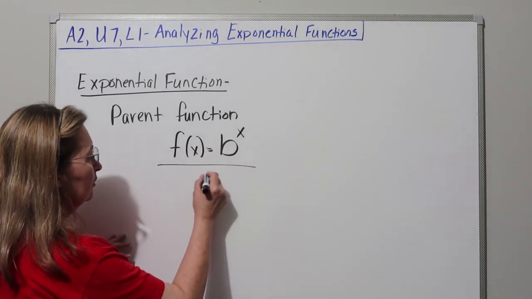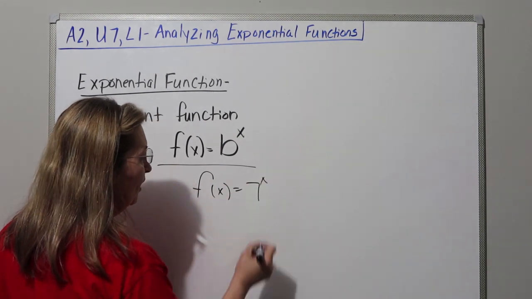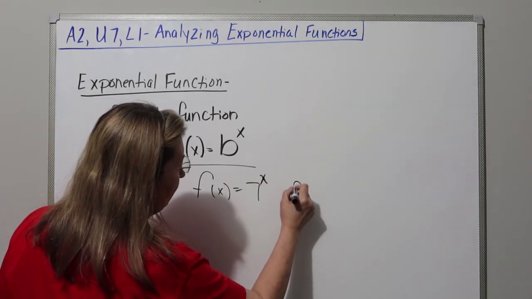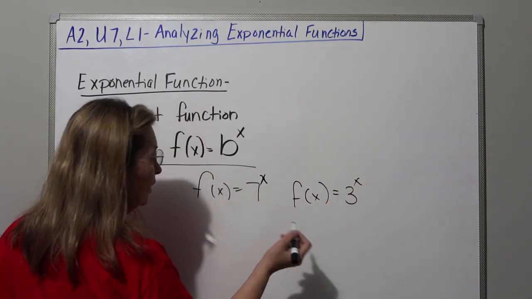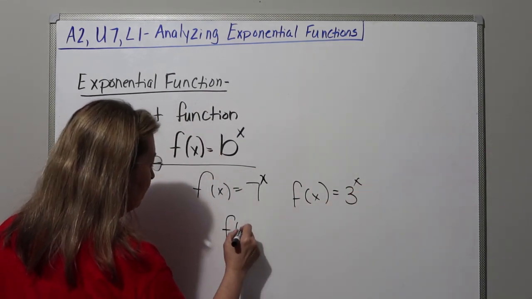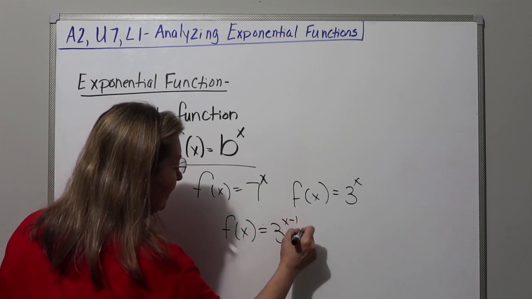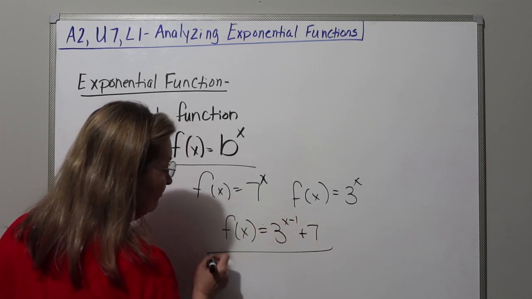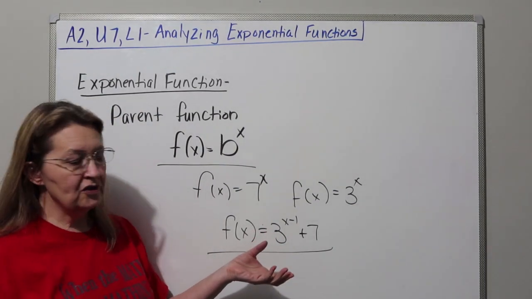Now, this could look like f of x is equal to 7 to the x power, or f of x is equal to 3 to the x power. We can even do some other things to it, like 3 to the x minus 1 plus 7. This has adjustments to it, which we'll look at in the transformations later.